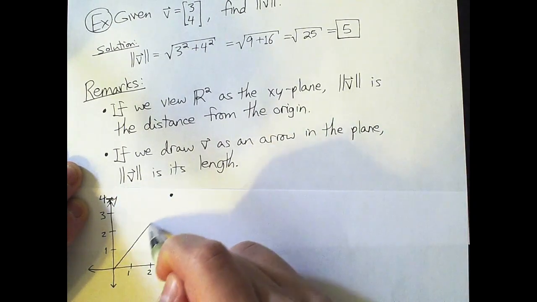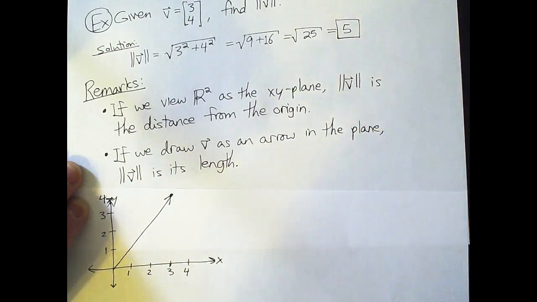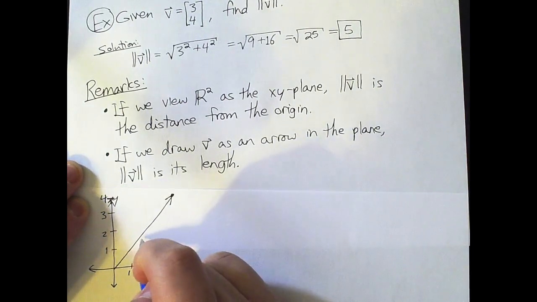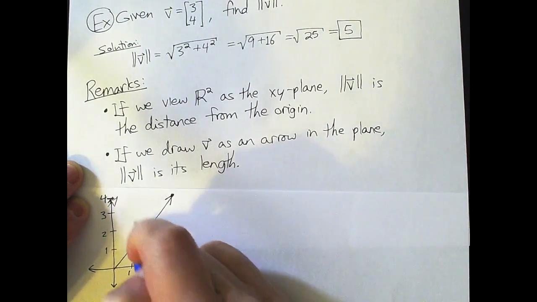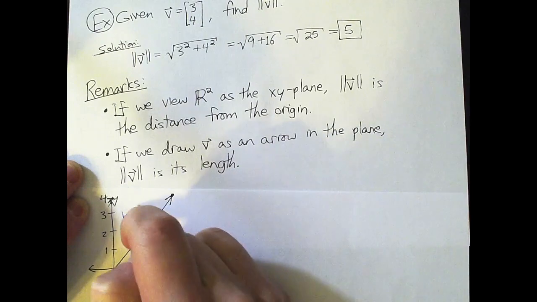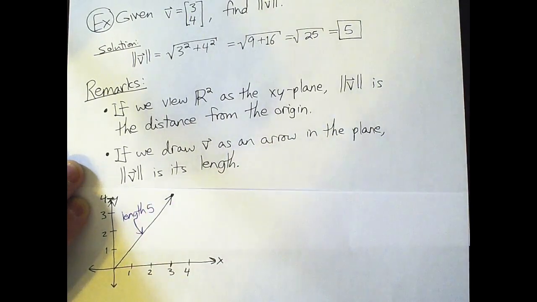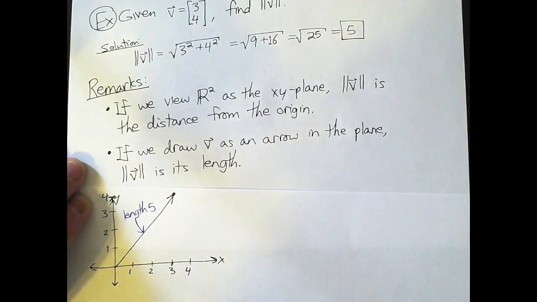Draw it as an arrow, like that. And we're saying that this has a length of 5. So let's move this up.